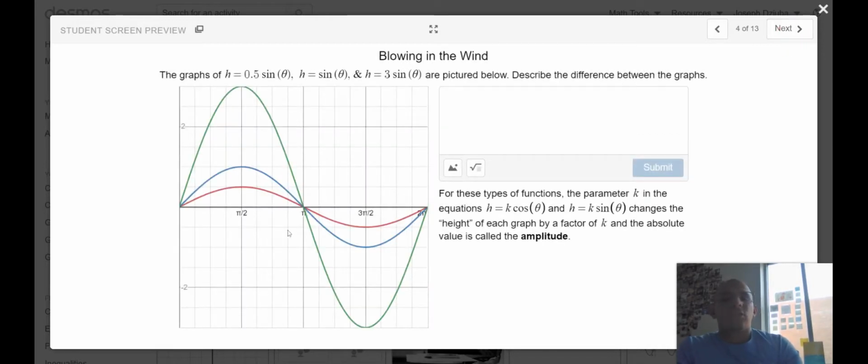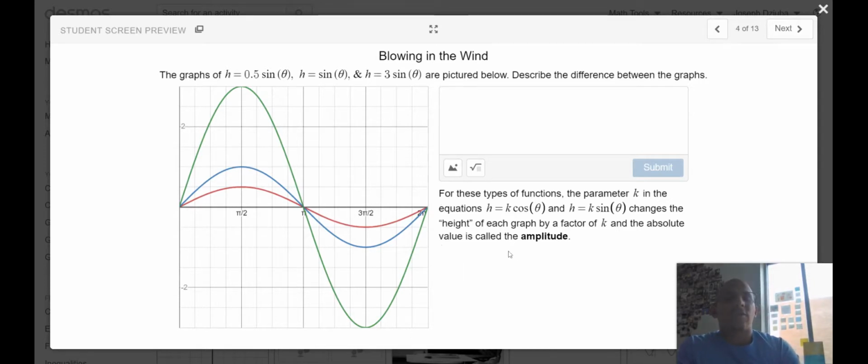In this graph here, you're provided with all three of those functions. Describe the difference that you see between the graphs and think through which color represents which graph. By this point, you should know, for these types of functions, the parameter k in the equations, so k cosine theta, k sine theta, is a scale factor.